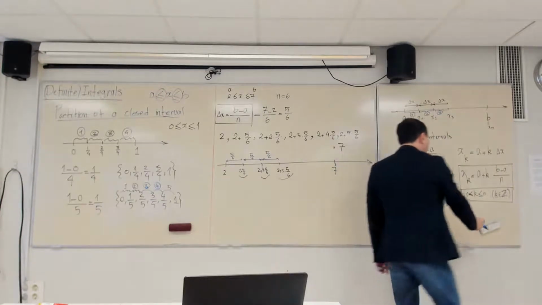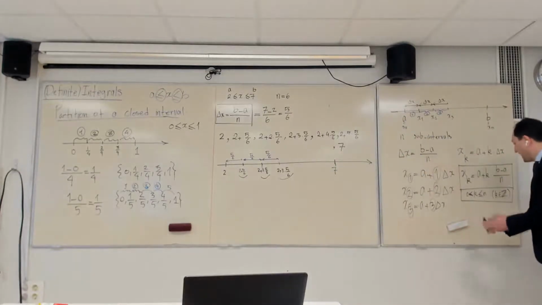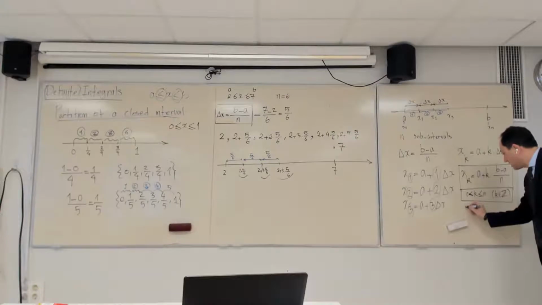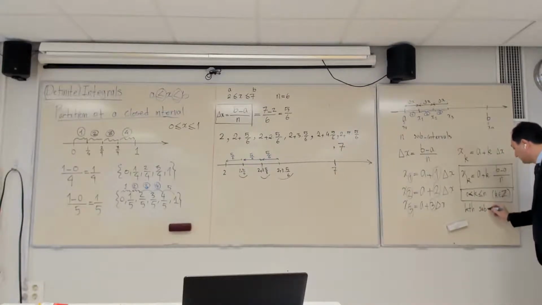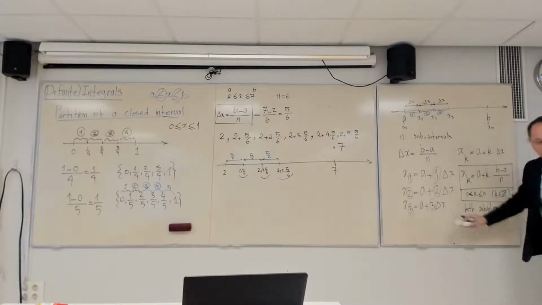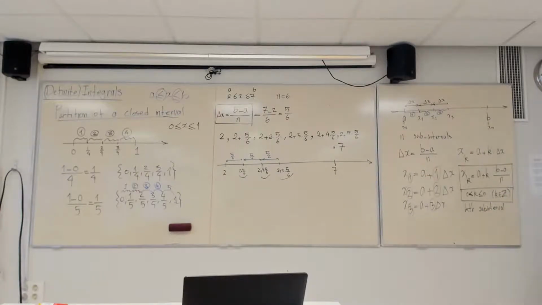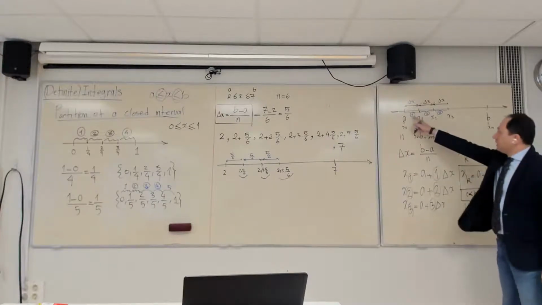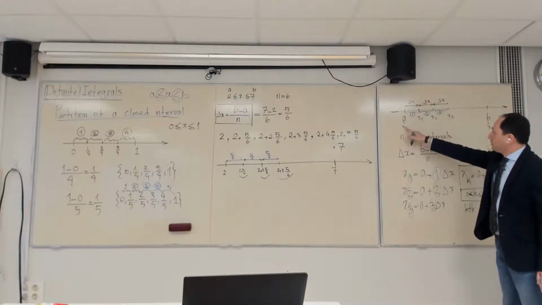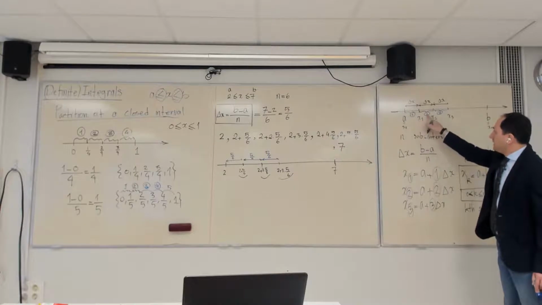So if I ask you what is the kth subinterval, you can immediately answer that. So what is that one? The first one is between x0 and x1. The second one is between x1 and x2.